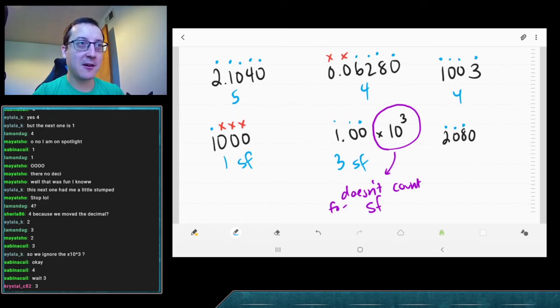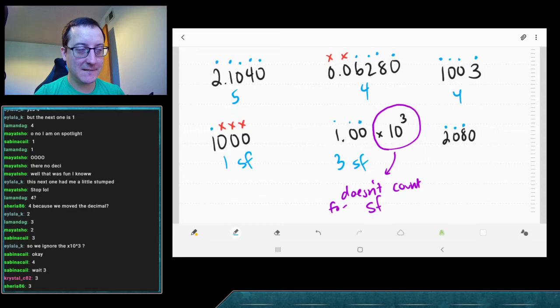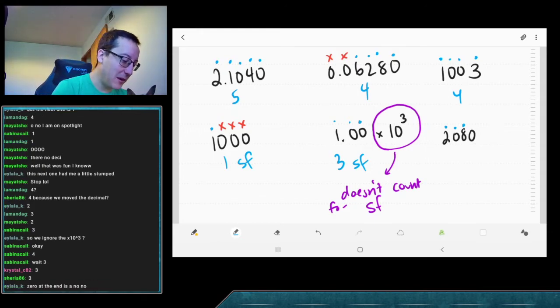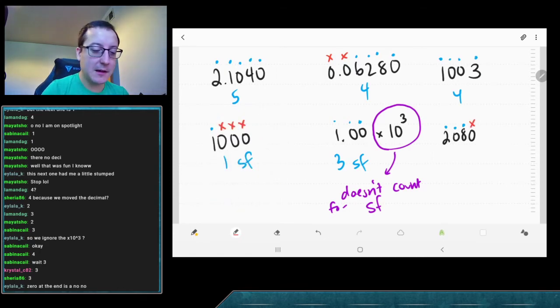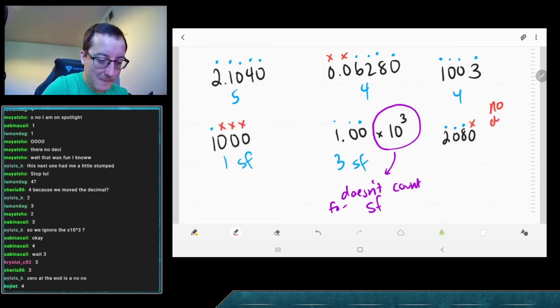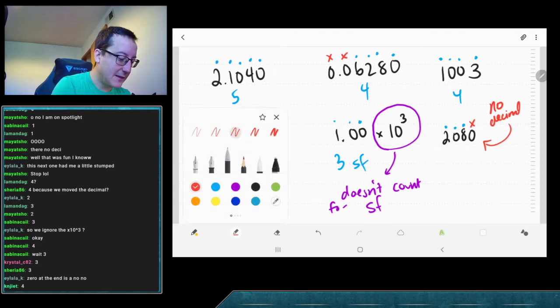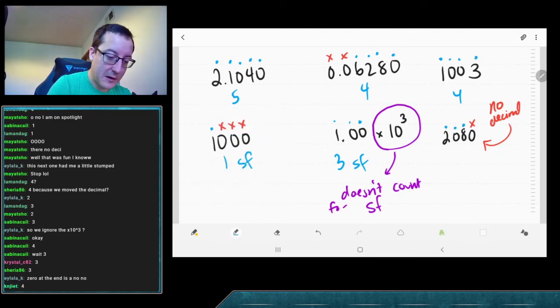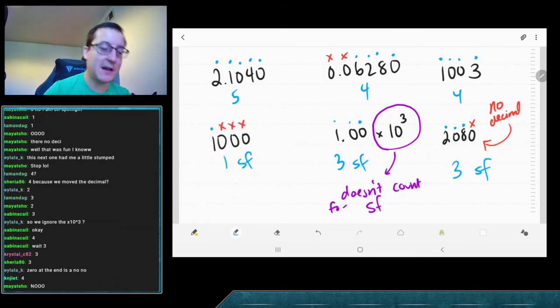So we ask ourselves, is there a decimal? I don't see one. I would agree. 0 at the end is a no-no. Because no decimal. There's no decimal, so that 0 does not count. So this one should have 3 sig figs.